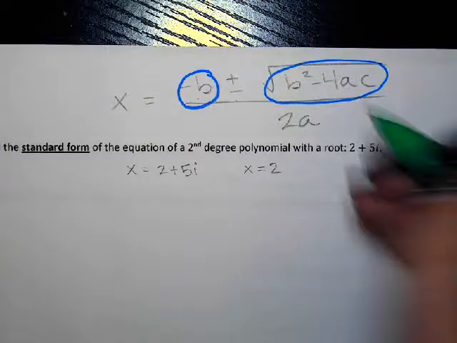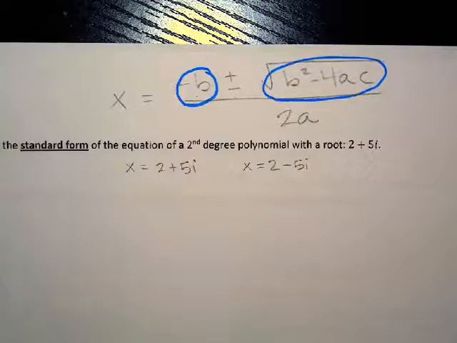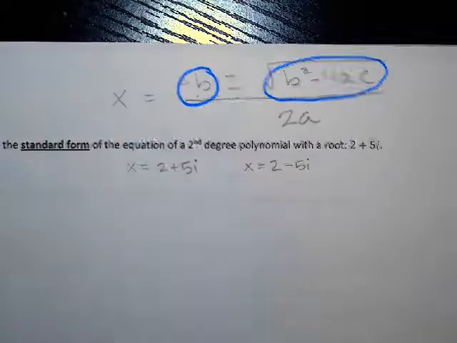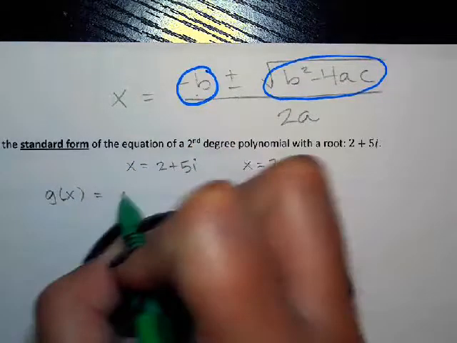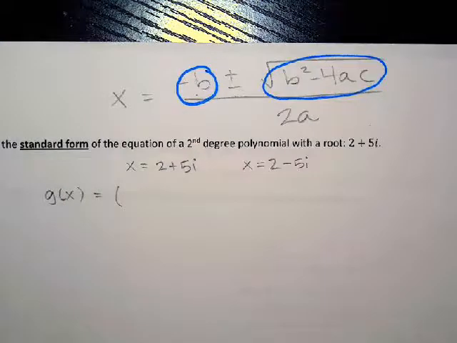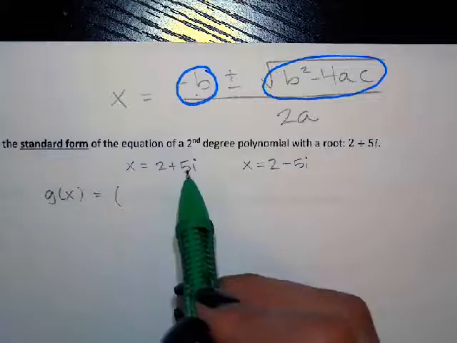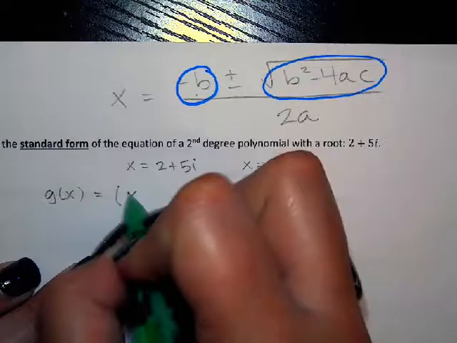We're going to do g of x this time. We're just going to make it real crazy. Now, when you put these in parentheses, you have to change the sign of both of these, okay? So we're going to say x minus 2 minus 5i, because we always put x, right? Like if it's negative 2, we do x plus 2.